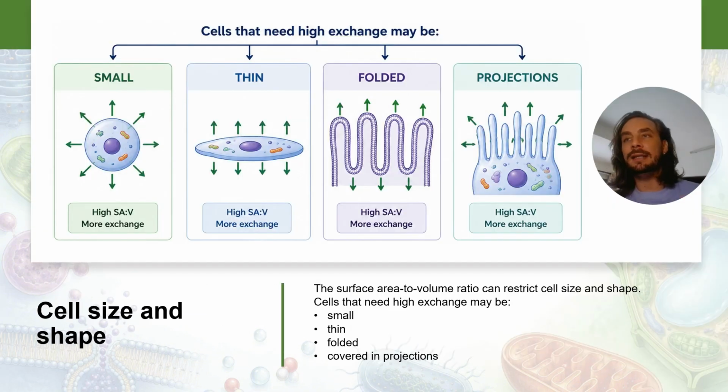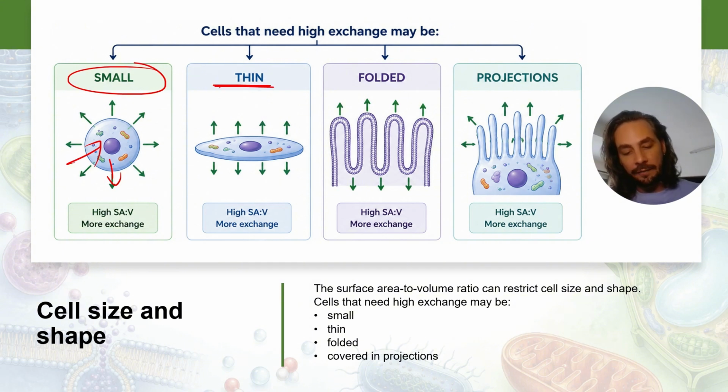Now, cells that need a high exchange might be small. If you're small, you're very efficient: you can secrete out waste and take up nutrients very quickly. Or cells tend to be thin, because if they're thin, they have a very high surface area to volume ratio, so more exchange.